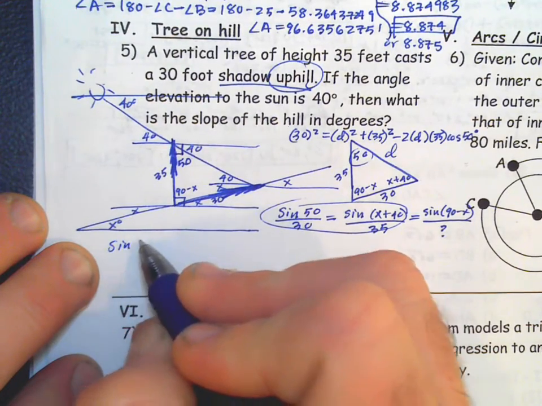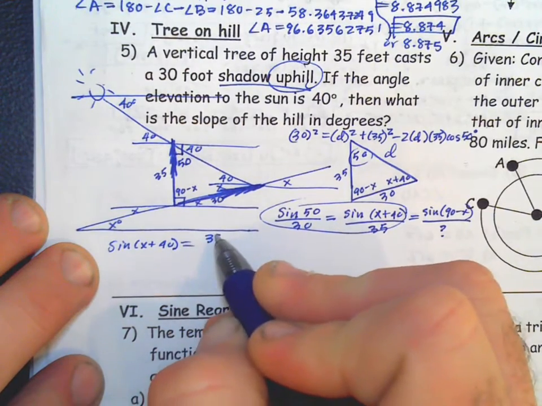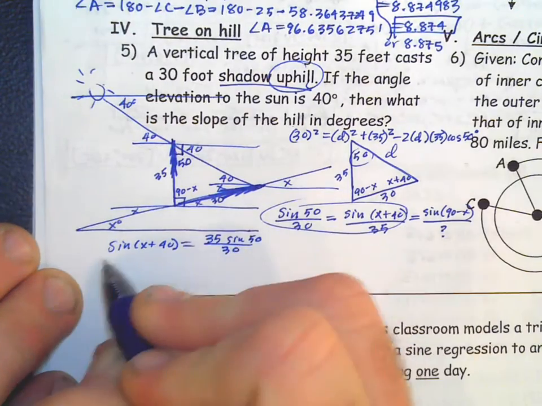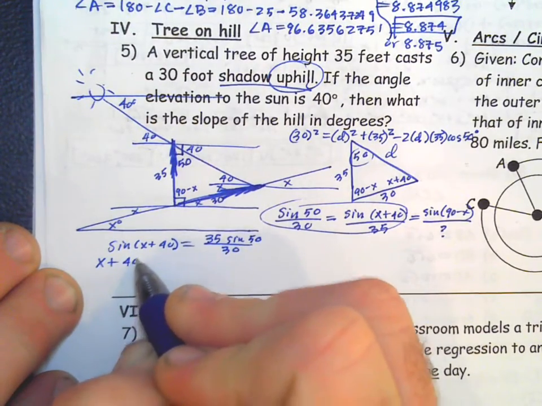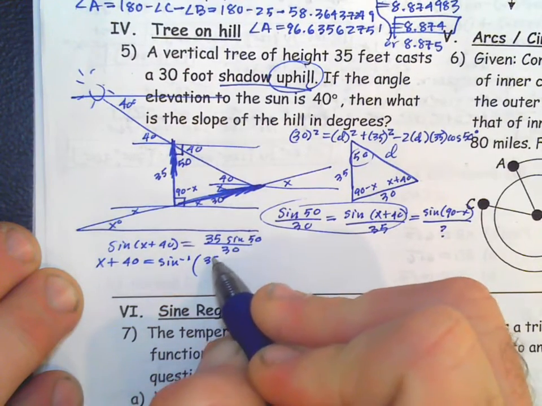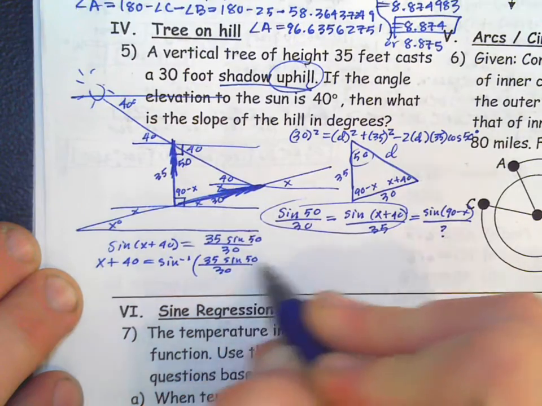sine of x plus 40 equals 35 sine 50 over 30. And then x plus 40 equals inverse sine of 35 sine 50 over 30.